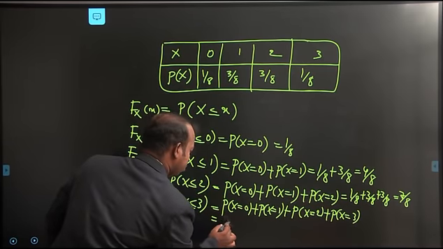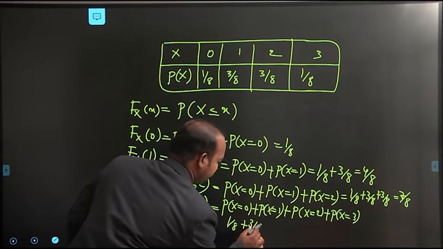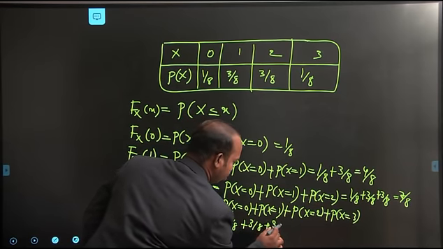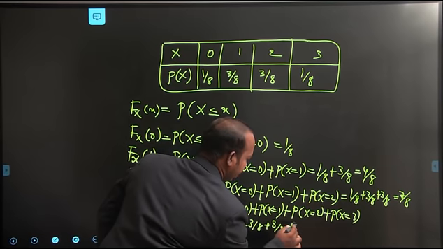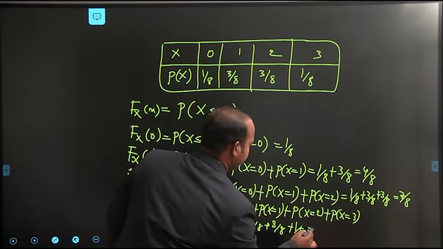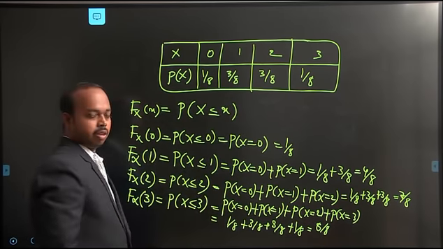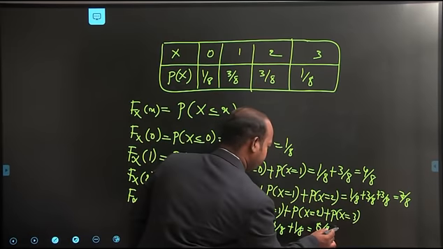Here at 0 the value is 1 by 8, at 1 it is 3 by 8, at 2 it is 3 by 8, at 3 it is 1 by 8. Totally the value is 8 divided by 8, which is 1.